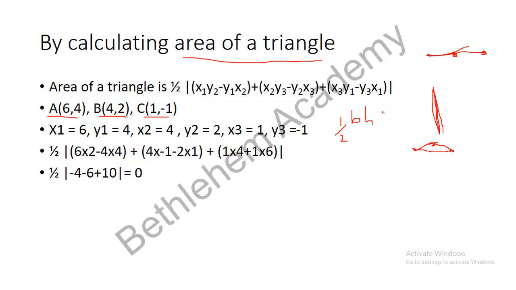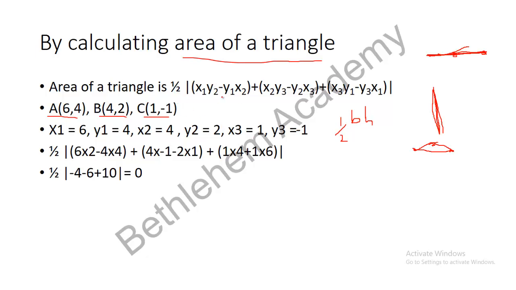If the area of the triangle is 0, that is an indication that those 3 points are lying on the same straight line. So we will take x1 is equal to 6, y1 is equal to 4, x2 is equal to 4, y2 is equal to 2, and then x3 is equal to 1 and y3 is equal to -1.